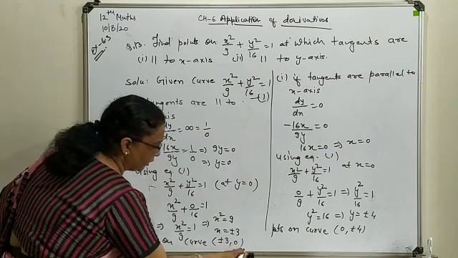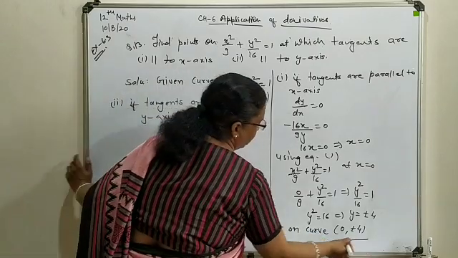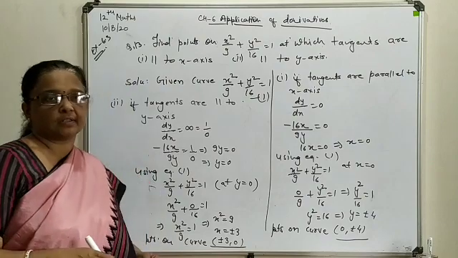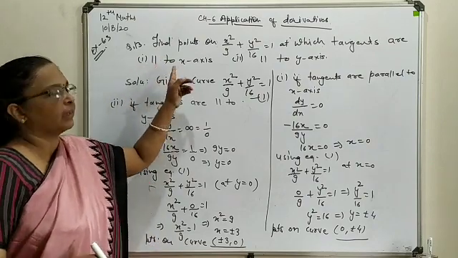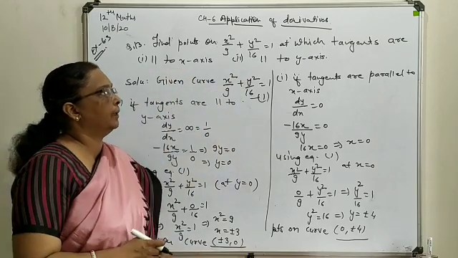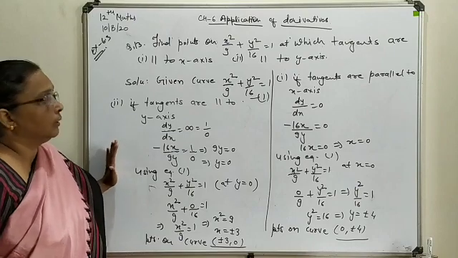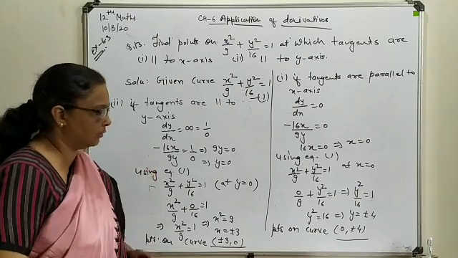So this way these two, plus minus 3, 0 and 0, plus minus 4, are points on the curve at which tangents drawn will be either parallel to the x-axis or parallel to the y-axis. So this way such types of conditions are to be implemented to find the required solution.